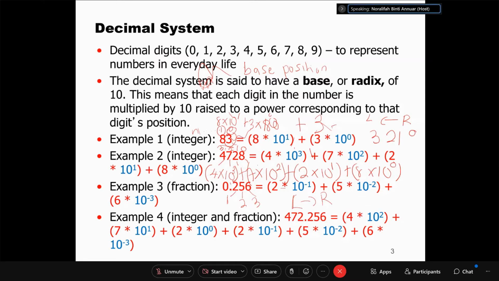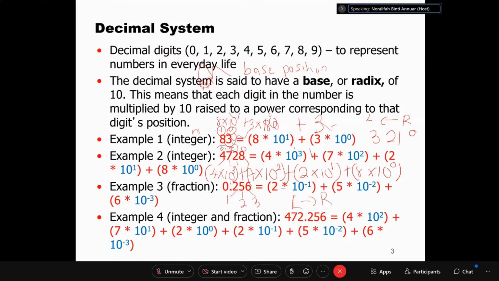And then 6 multiplied by 10 to the power of negative 3. You can use your calculator. Calculate and you will get 0.256. What is important here is to show you how you identify the position location. For the fraction, it is from left to right, with the starting position 1.